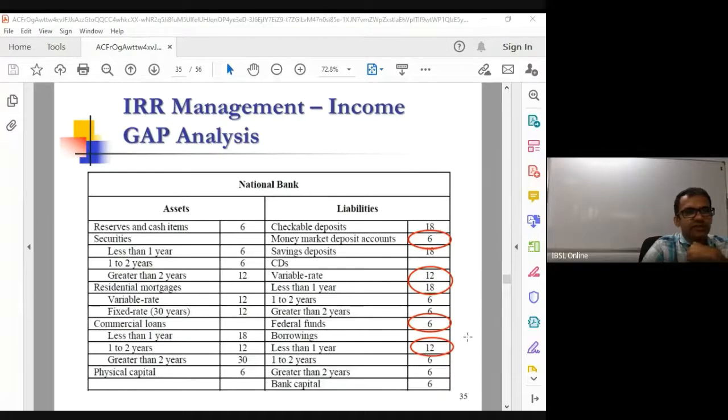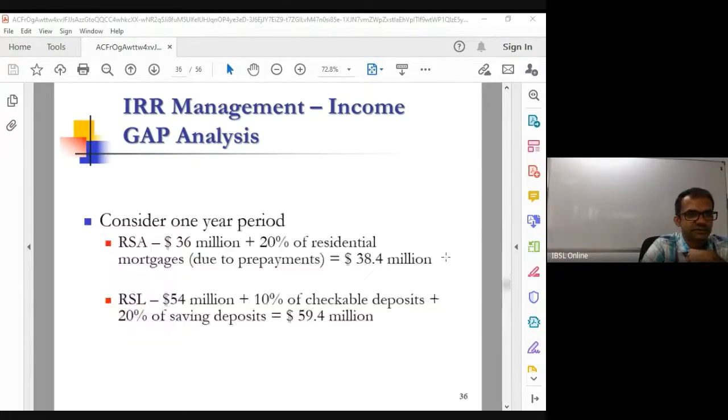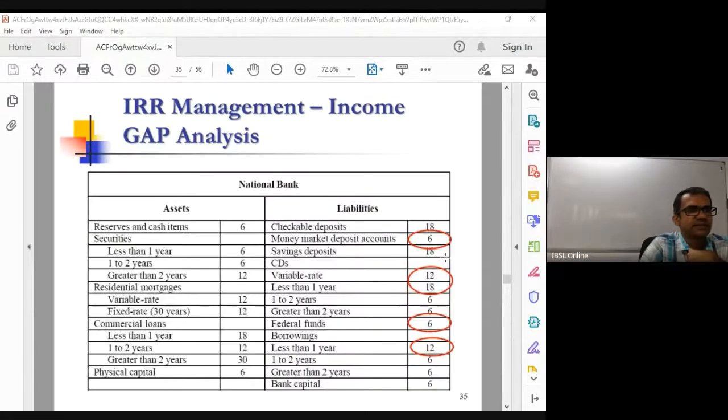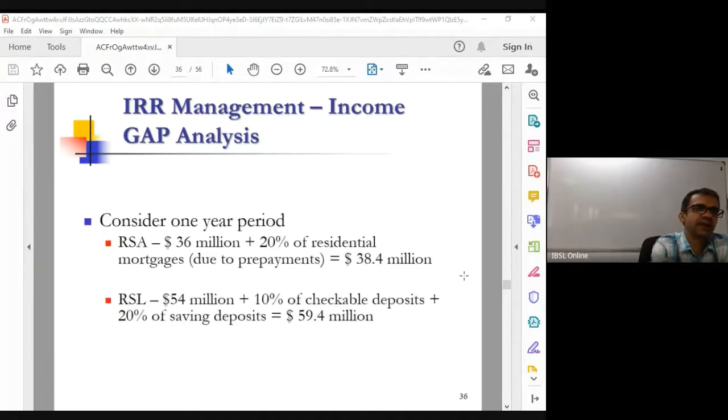Anything else that we have to consider? One thing is saving deposits and other checkable deposits, because we never know when the depositors take that money out. Again, this bank has done an assessment.